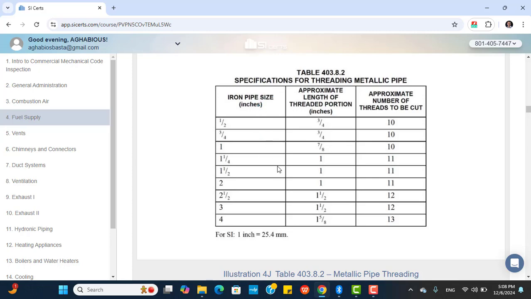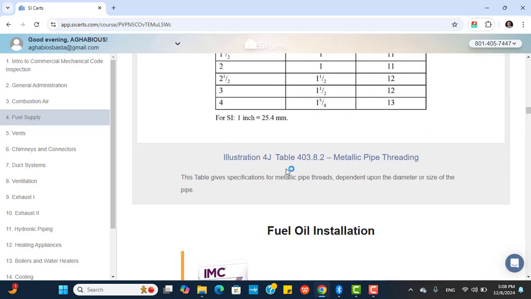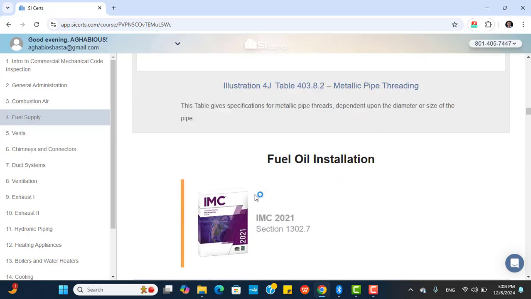Illustration 4j, Table 403.8.2, metallic pipe threading. This table gives specifications for metallic pipe threads depending upon the diameter or size of the pipe.